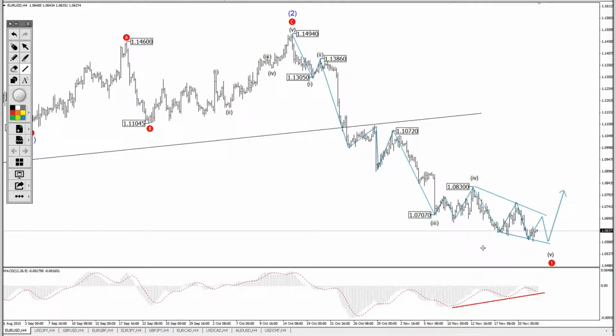Also the momentum indicator, the MACD I have on my chart, is confirming that there is fading momentum: we've had new lows on the price, but no new lows on the indicator, actually new highs, or upwards diverging momentum. So this is also a strong signal.